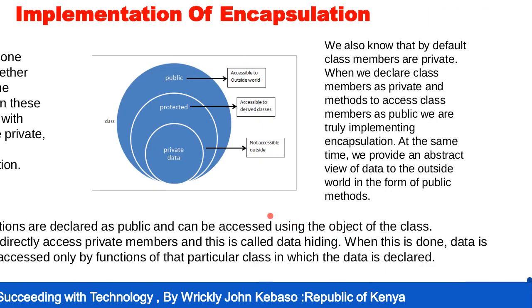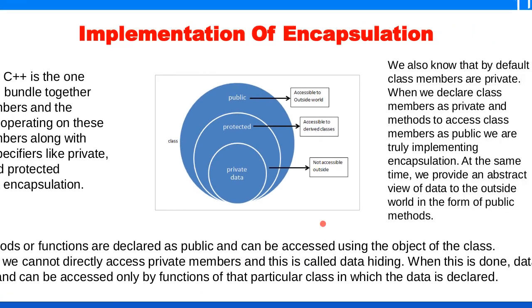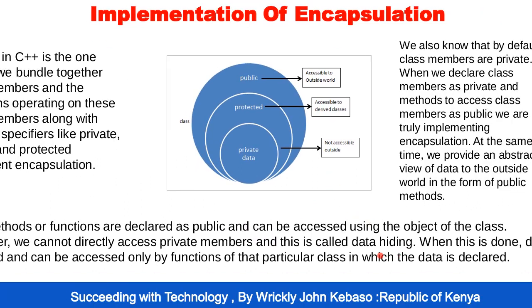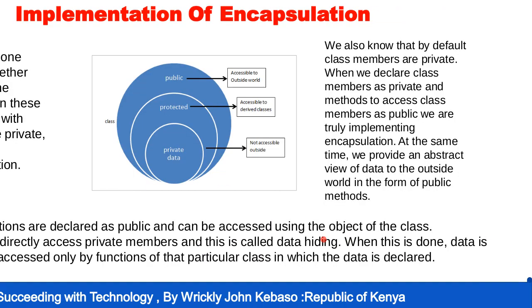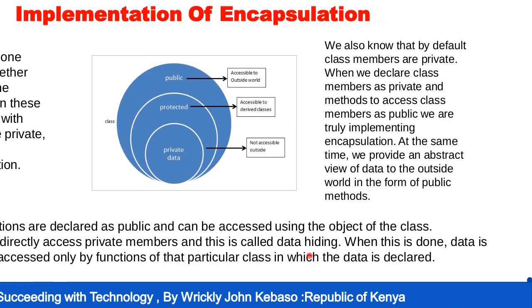Those particular variables A, B, C are already put in the private access specifier, so they cannot be accessed by the outside world, and hence they are being hidden. Hence the process is called data hiding. When this is done, data is secured and can be accessed only by functions of that particular class in which the data is declared. Very true. That's what you have seen here.